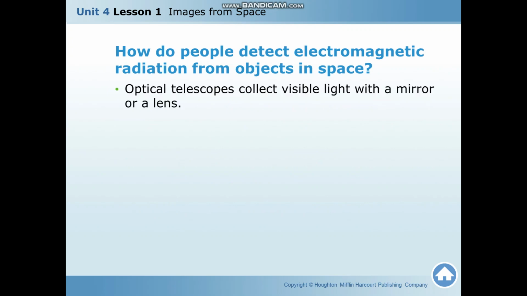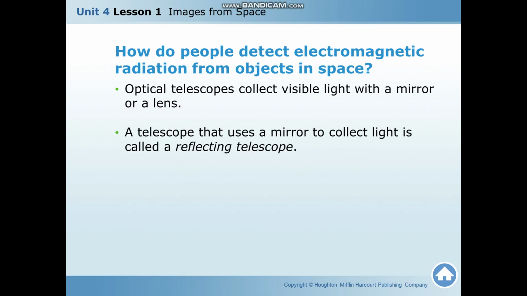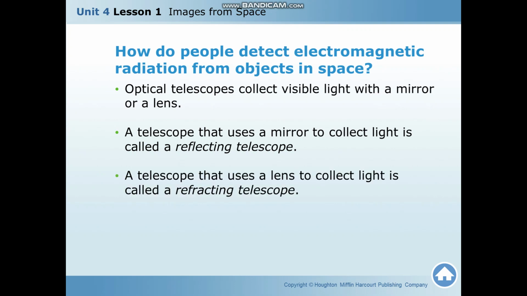Optical telescopes collect visible light with a mirror or a lens. A telescope that uses a mirror to collect light is called a reflecting telescope. A telescope that uses a lens to collect light is called a refracting telescope.